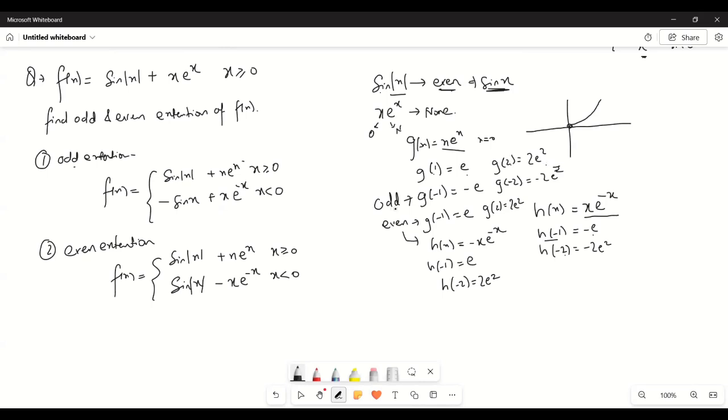So for an odd function, we need a function जिसका g of -1 is -e and g of -2 is -2e², क्योंकि odd के लिए वैल्यू नेगेटिव होना चाहिए. So then we search, अब इसको we design कि भाई इसके सिमिलर सा एक फंक्शन जो ये वैल्यूज दे will be something like this, x e^(-x).